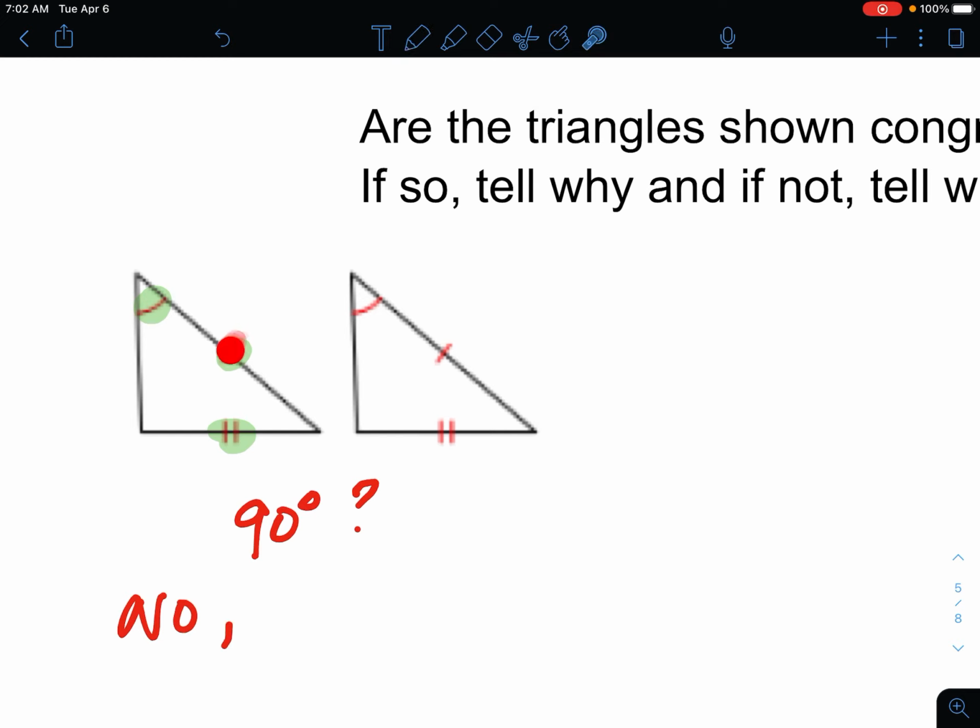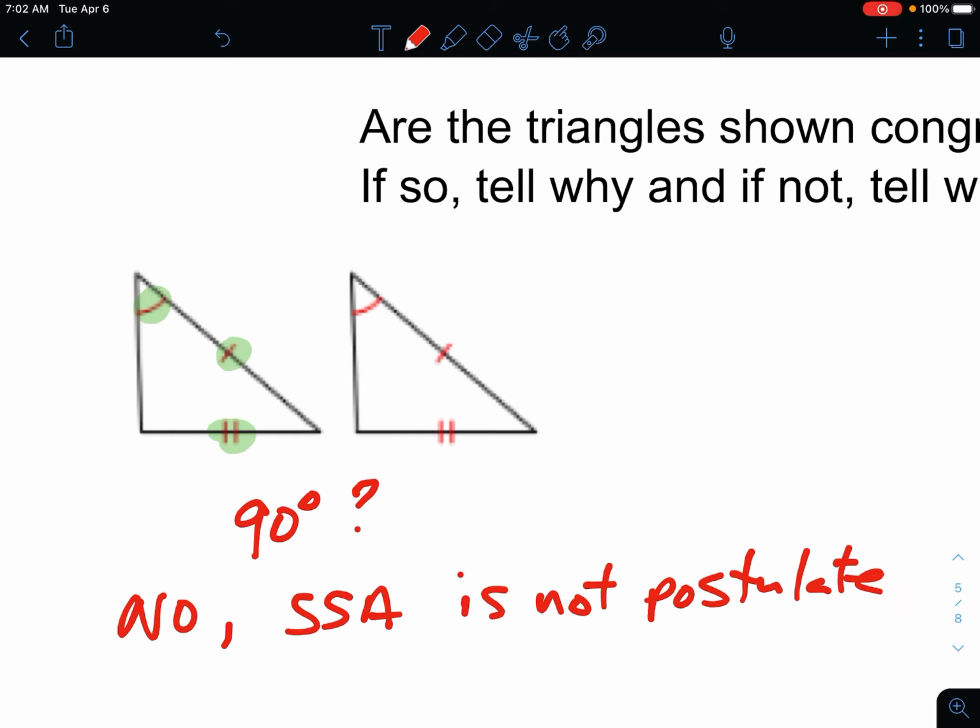We would have the hypotenuse and the leg, but they don't give us the 90-degree angle. So SSA is not a postulate. All right, but if they gave us this 90-degree angle, we would have hypotenuse, leg, we'd be good to go. But they didn't, so we can't.